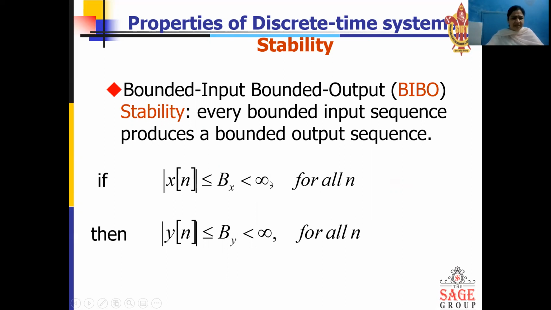Then if the system satisfies the BIBO stability property, the output should also be bounded. That means the magnitude of y[n], the output, for all n should also be less than or equal to some finite value By, which should be less than infinity. That means every finite input should give a finite output, which is called BIBO stability.